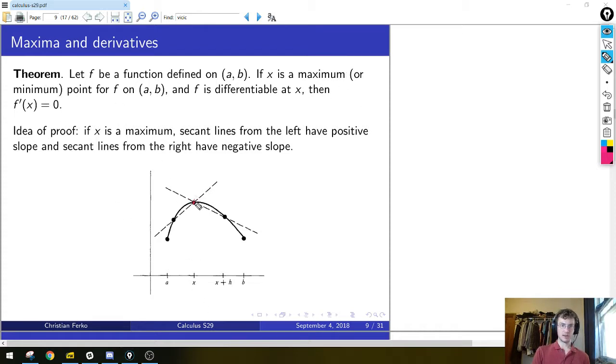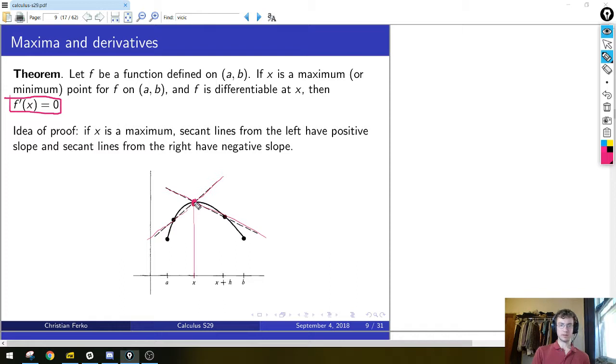But if x is a maximum, since we're trying to show the derivative has to be 0, all we're going to do is bound the derivative between positive and negative values. How do we do that? Well, we're interested in the derivative at this point x, so we're just going to look at values of the secant line slopes which limit to the derivative. We're going to look at values of the secant line slopes from the left, which are all positive, because this guy's a maximum. Then we're going to look at slopes from the right, which will all be negative.